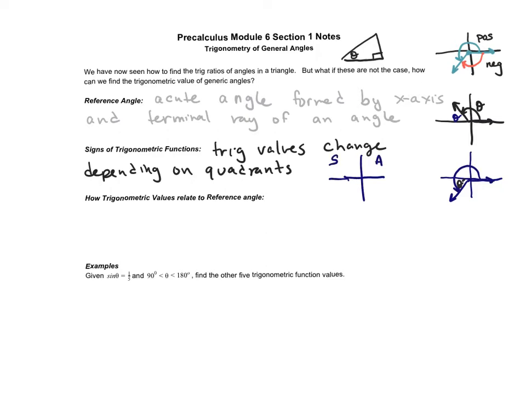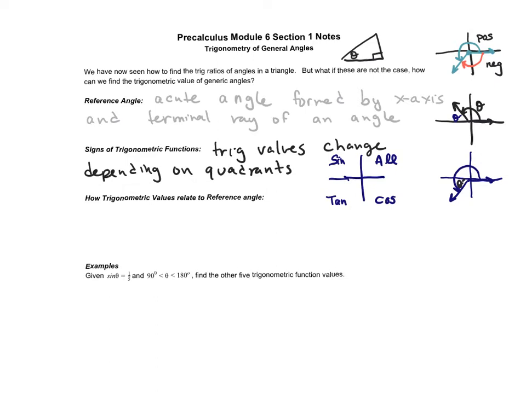We call it ASTC. A stands for all. So if you have an angle that ends in the first quadrant, all the trig function values are positive. If you have one that ends in the second quadrant, then the sine value is positive, and cosine and tangent are negative. If you are in the third quadrant, tangent is positive, and the other two are negative. And if you're in the fourth quadrant, cosine is positive, and the other two are negative.